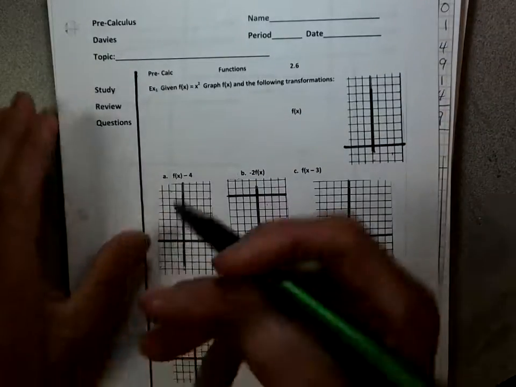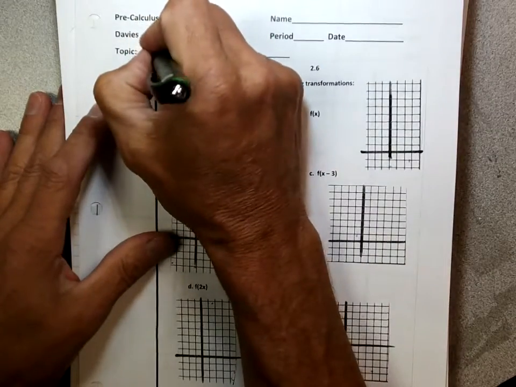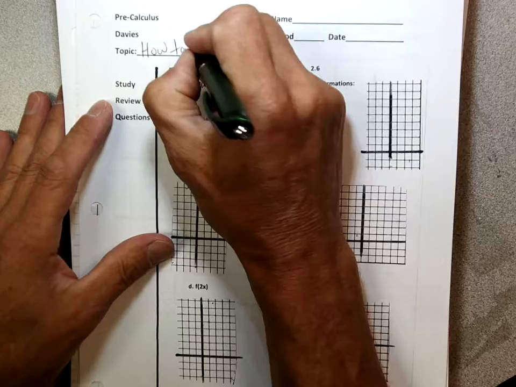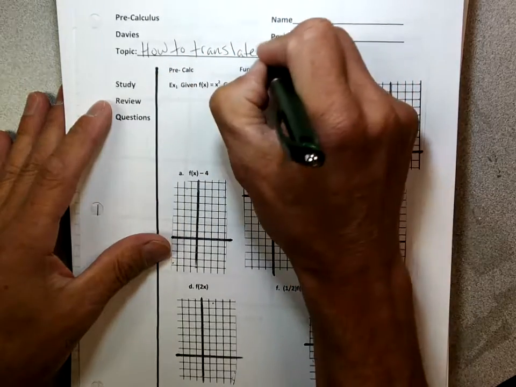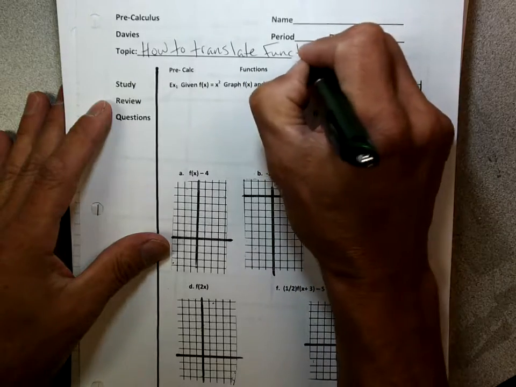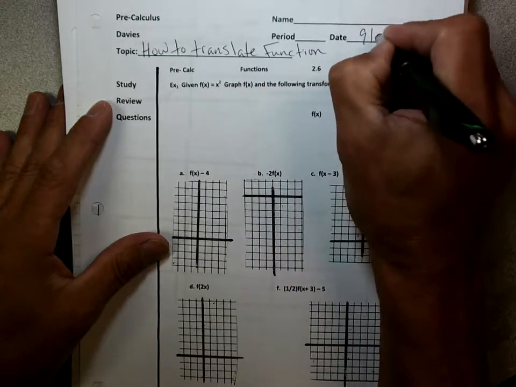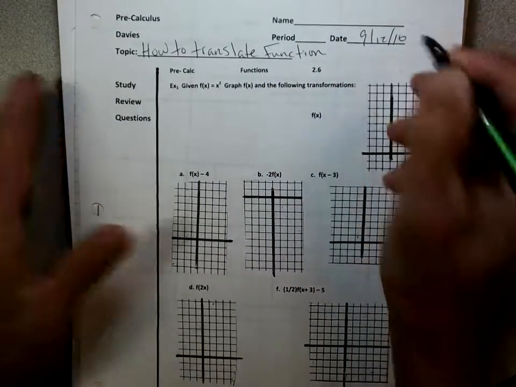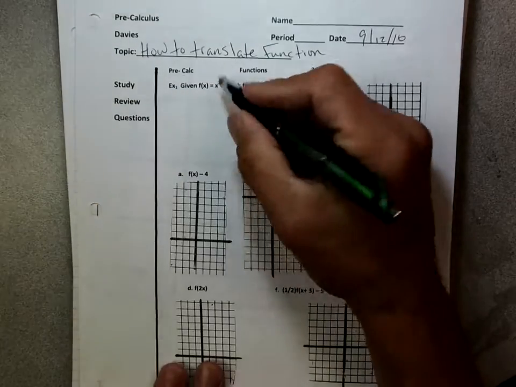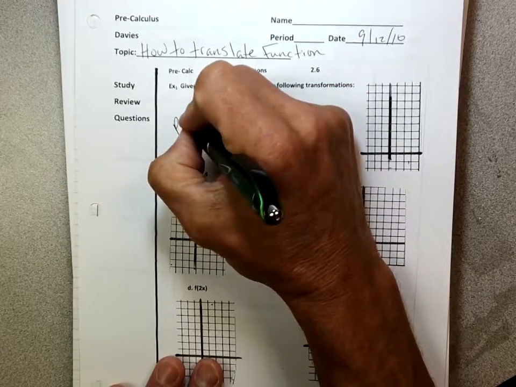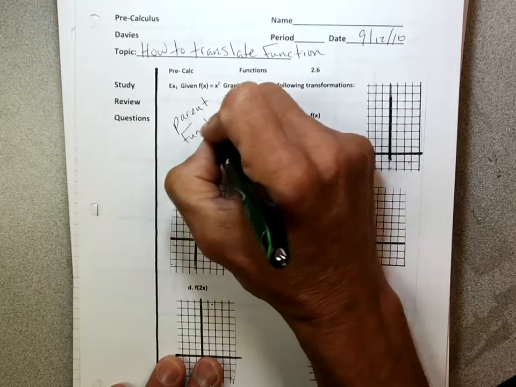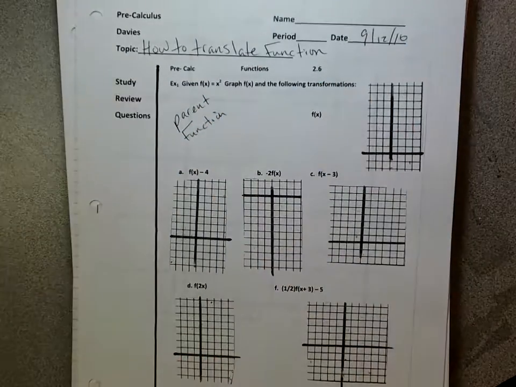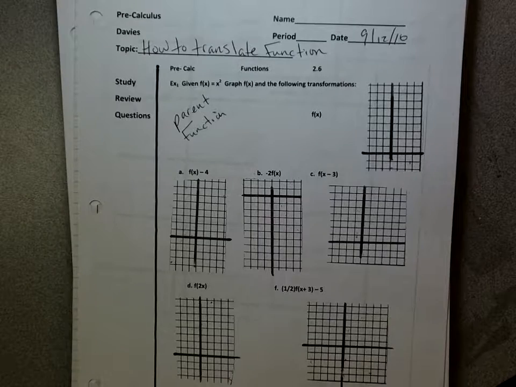Okay, so topic. What we're going to do is how to translate functions. First of all, we're going to start with what we call the parent function. I guess it's a fancy way of saying the basic function, the basic graph.